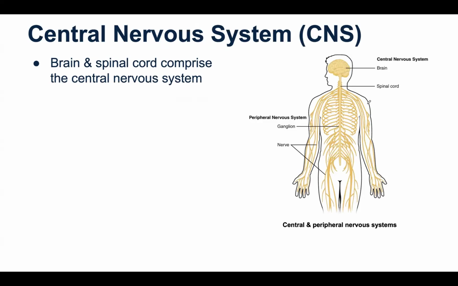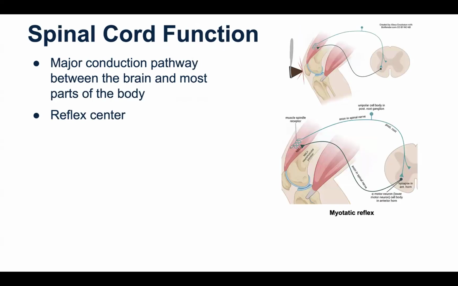All right, so we know hopefully at this point that the spinal cord is a component with the brain of the central nervous system. The nerves that come off the spinal cord, so those spinal nerves, are going to be part of the peripheral nervous system. And the spinal cord is a major conduction pathway between the brain and most parts of the body.